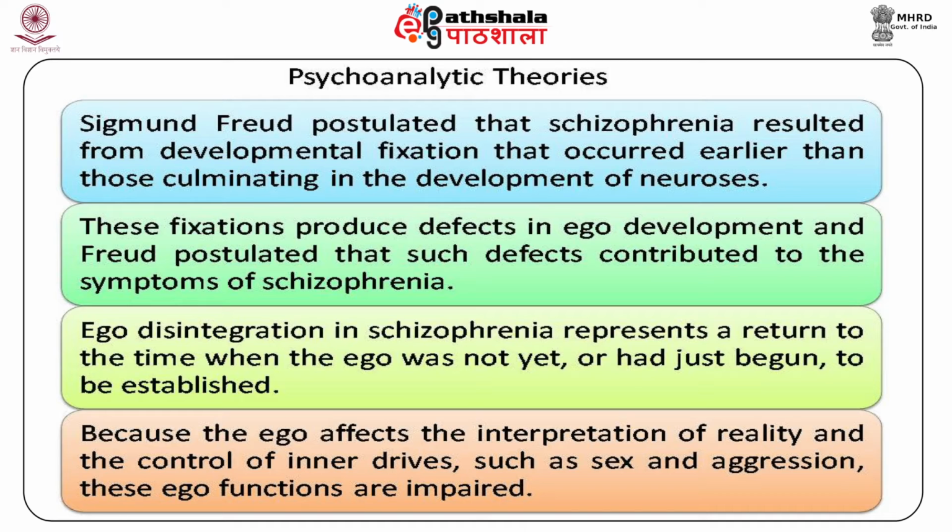Ego disintegration in schizophrenia represents a return to the time when the ego had just begun. Because the ego affects the interpretation of reality and the control of inner drives such as sex and aggression, these ego functions are impaired. Thus, intrapsychic conflicts arising from the early fixation and the ego defects, which may have resulted from poor early object relations, fuel the psychotic symptoms.